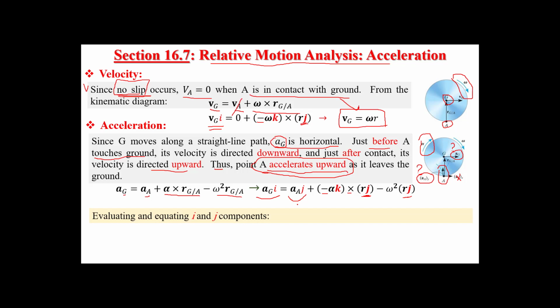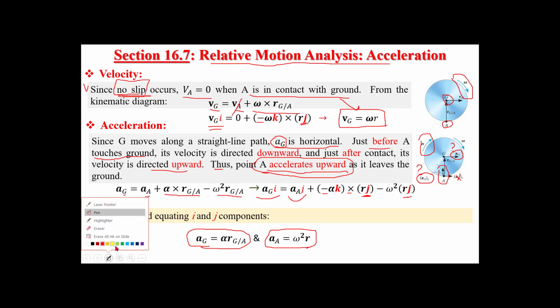Now, if we do the cross product and separate the I and J equations, we'll find out that AG will always equal alpha R, and AA will always equal omega squared R. So always we'll use this equation for rolling without slipping, and for velocity, this is the velocity for the centroid.